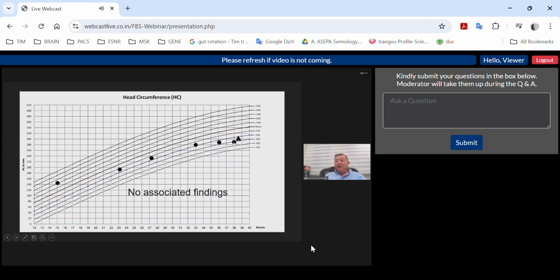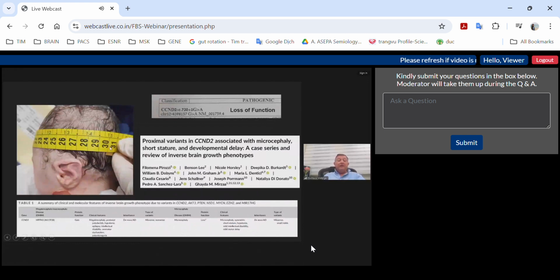The last examination was between 2 and 3 standard deviation. But what you can see is that during the last 6-7 weeks of pregnancy, the head circumference almost didn't grow.